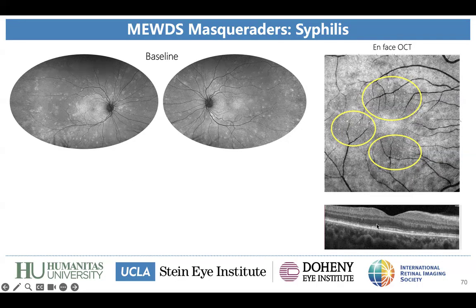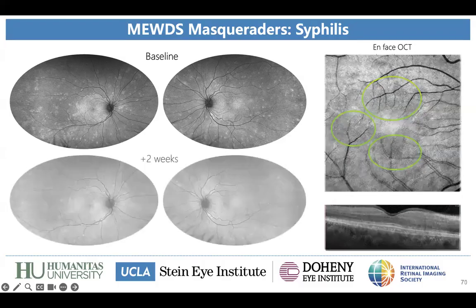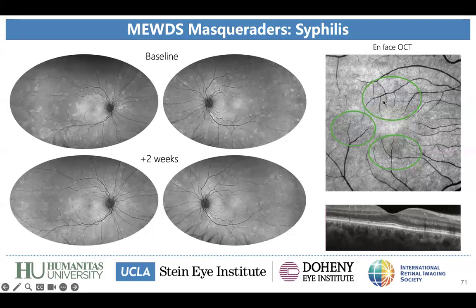The OCT at the level of the outer retina, more specifically the ellipsoid and RPE, shows the hyperreflective spots and dots. The patient was diagnosed with syphilis and treated with appropriate therapy, and you can see that the dots completely resolve, and the spots tend to normalize in reflectivity.